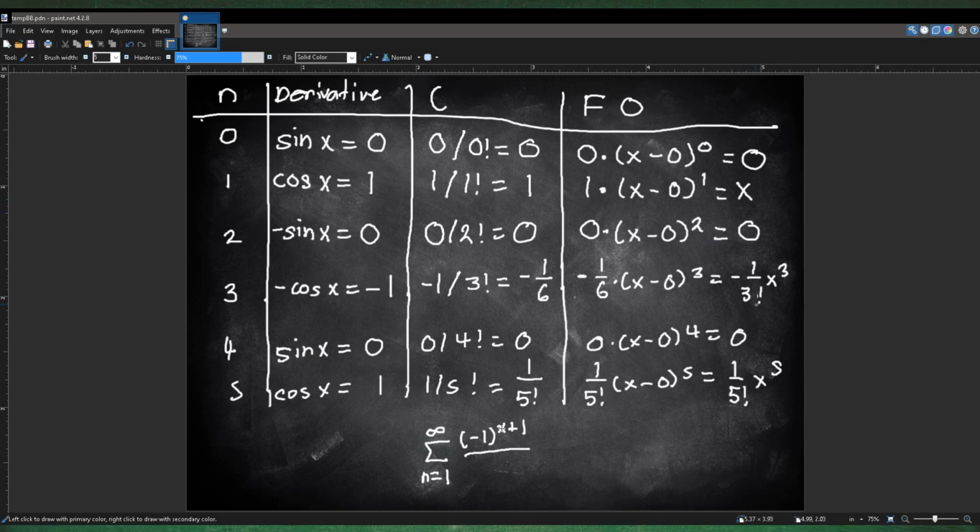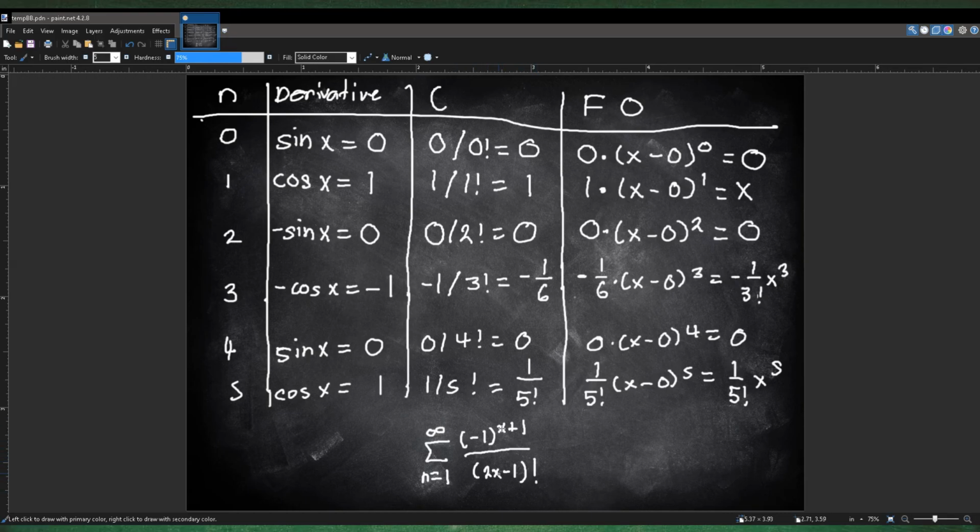Now we have to keep track of the factorials. So when it's 1, it's 1 factorial. When it's 3, it's 3 factorial, right? So we have 2x minus 1 factorial, okay?